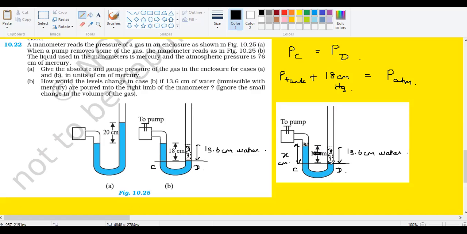Anyone following this? Anybody not following this? Only if you understand this concept or imagination can you start doing this problem. Otherwise, you cannot do it. Either I can take it as 18 centimeter plus X, this extra length taken as X, or I can take the total length as X.